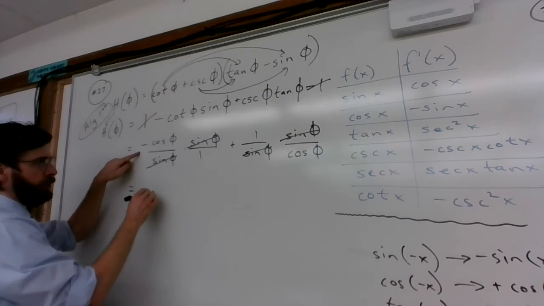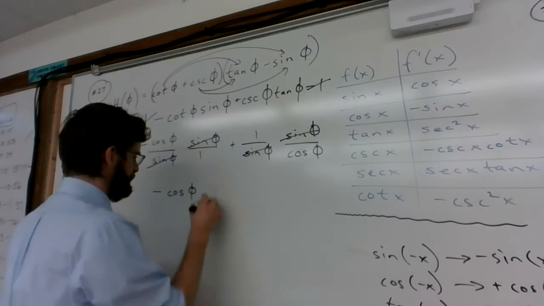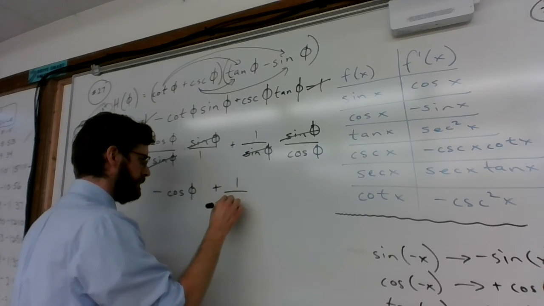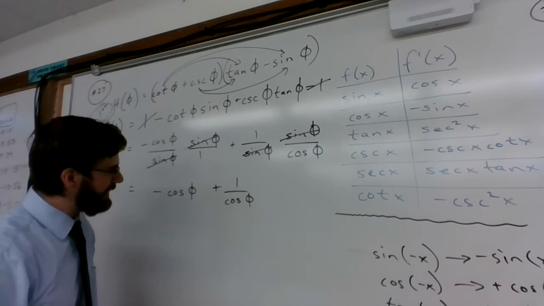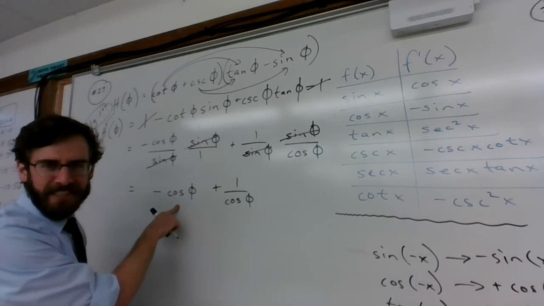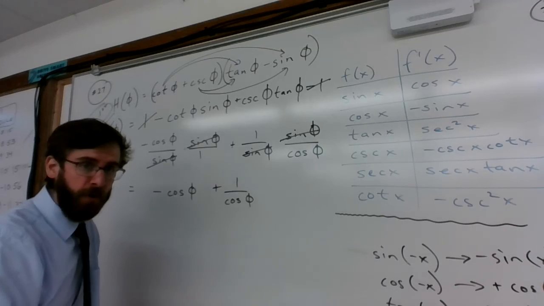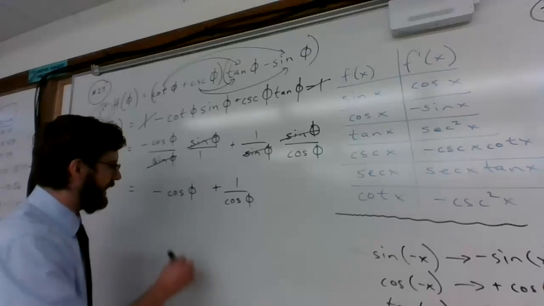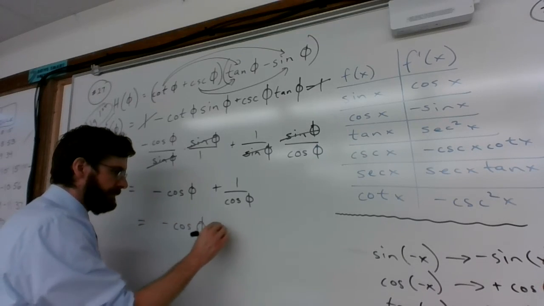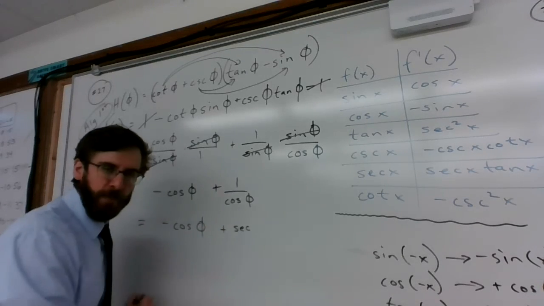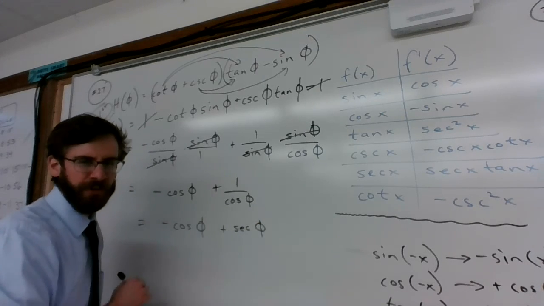So this is negative cosine of phi plus 1 over cosine. Now I'm sure I could maybe explore this a little bit. I feel like I could find common denominators, get 1 minus cosine squared, which would be sine squared over cosine. I could do some stuff with that. But I could also just say this is secant, and we can be done with it. I'm going to say it's secant, and we're done with it.